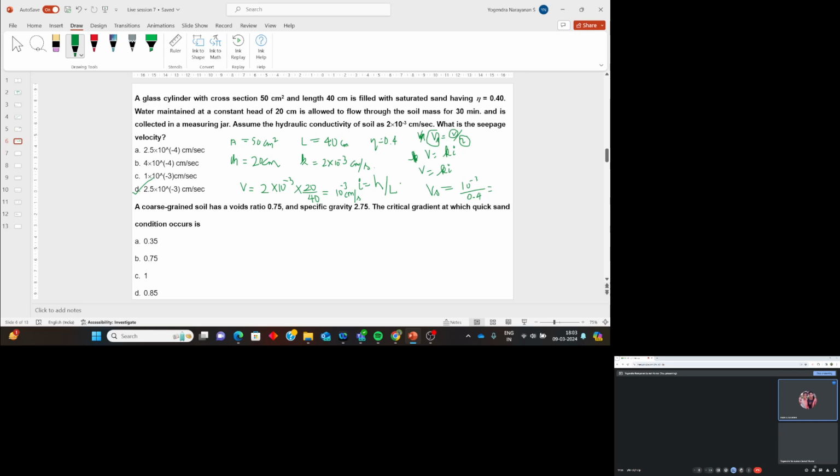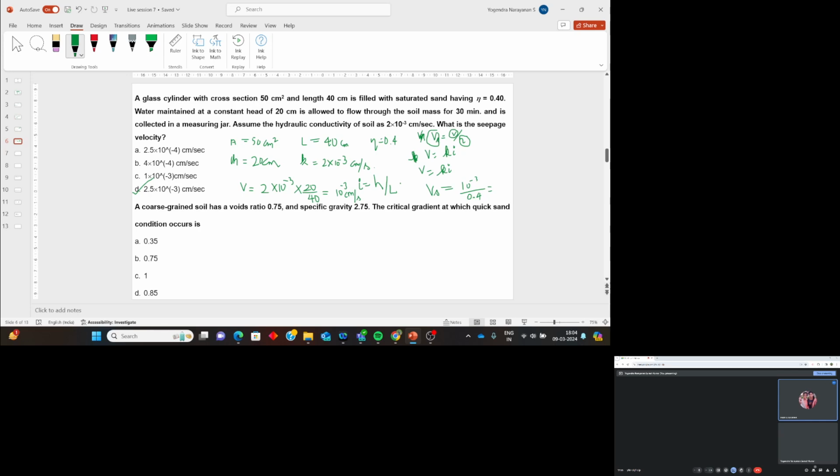Can you calculate the discharge? Yes, sir. Wait a minute. Fifty into 10 to the power of minus 3 centimeter cube per second.